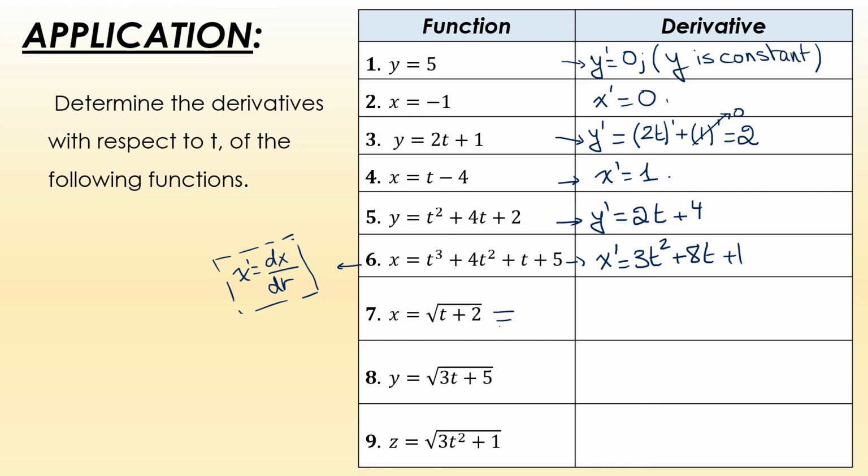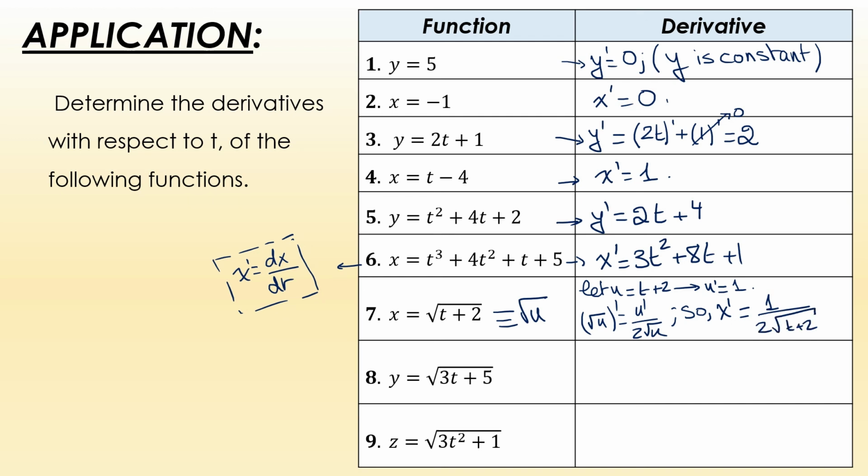This is similar to radical u, where u equals t plus 2. u prime becomes, the direct derivative is 1. Now we know that the derivative of radical u is u prime over 2 radical u, and that's the importance of memorizing these rules. So x prime equals u prime, which is 1, over 2 radical u.